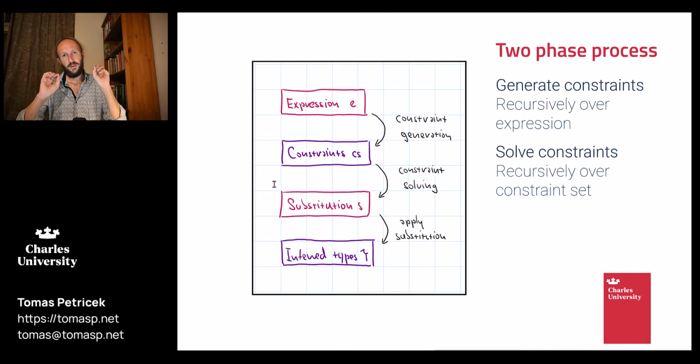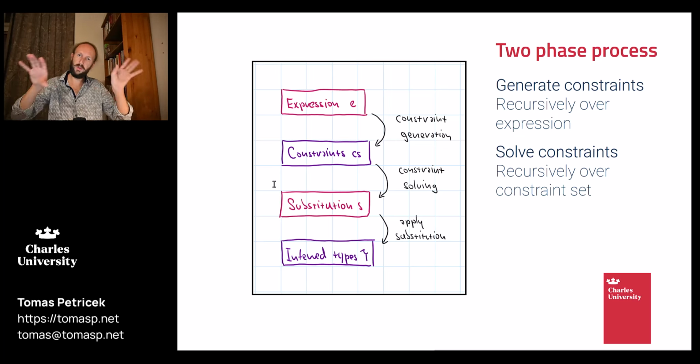So what we're going to write for TinyML is a two-phase process where you give us an expression, of the same structure that we had in TinyML earlier. We analyze this expression, and from that we generate a set of constraints.